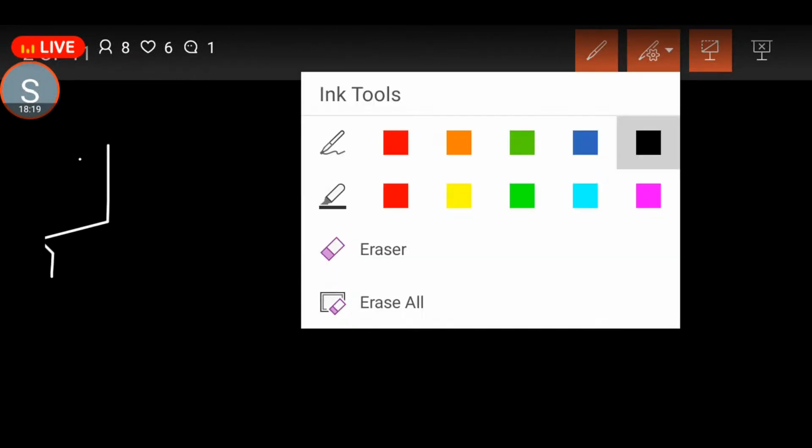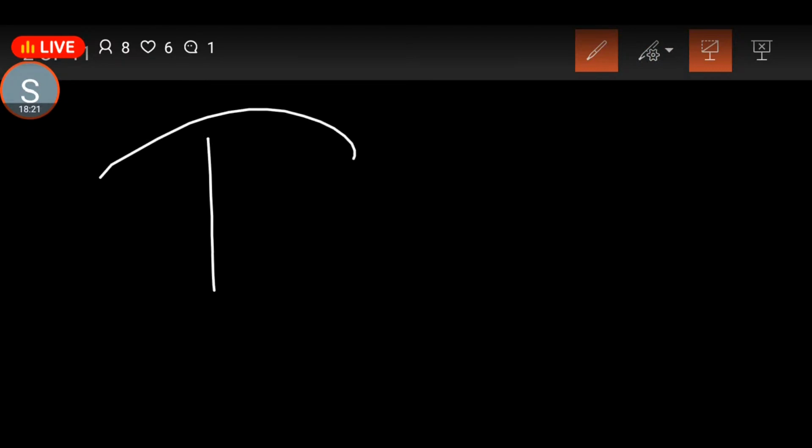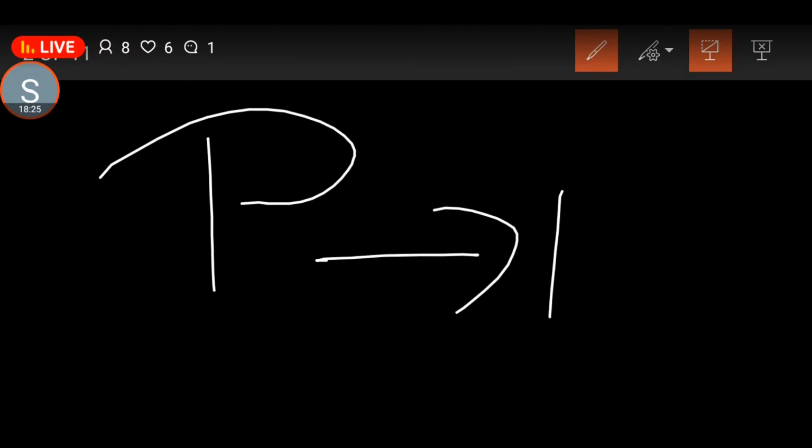Primary carbon atom. What is this primary? In the primary carbon atom, the carbon is attached to only one carbon atom.